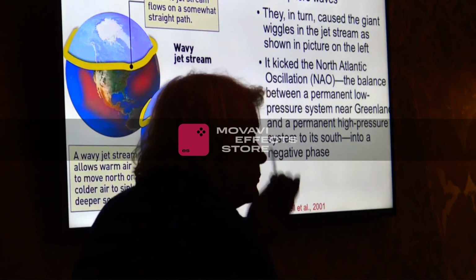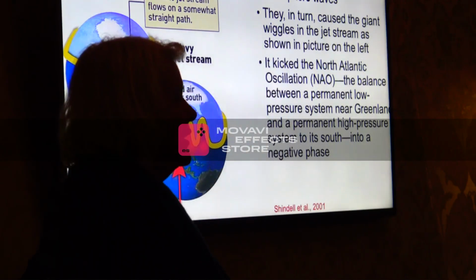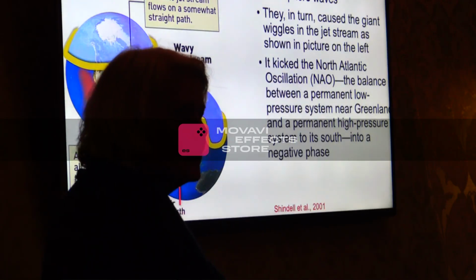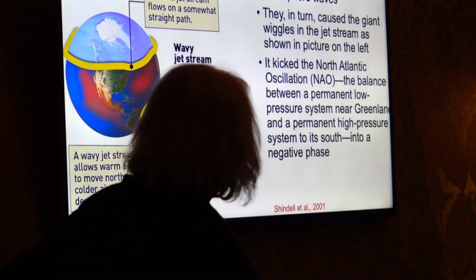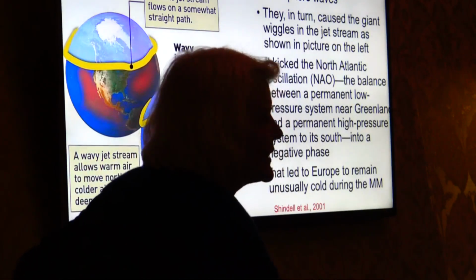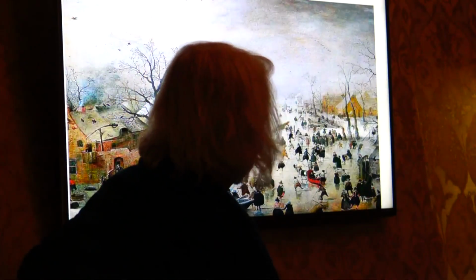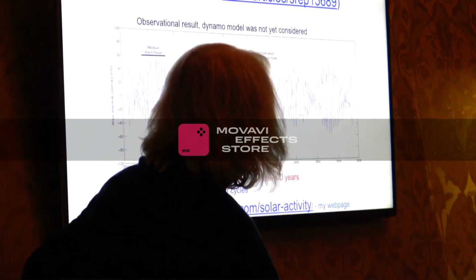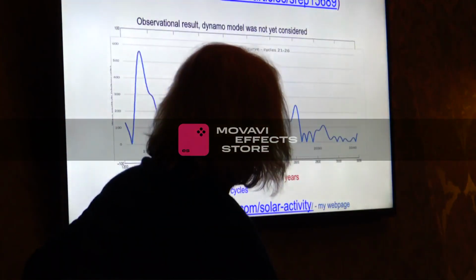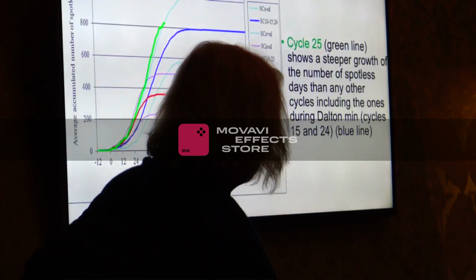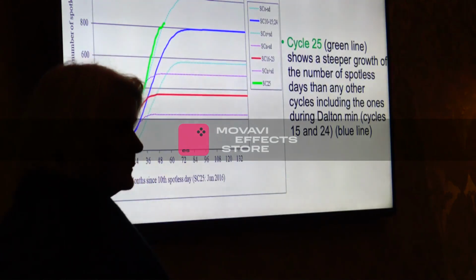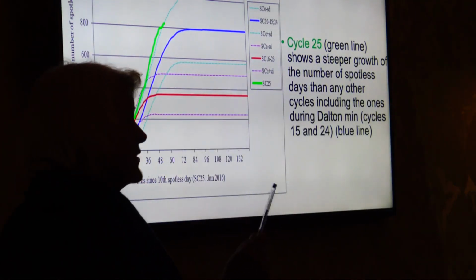In North America, remember the winter of 2022-23, when the frost in Canada was minus 40 and snow up to the hills. So this is what is coming. This is what marked the minimum in the 17th century. And this is about the minimum which is coming, cycle 26. And the scientists found the minimum coming even when cycle 25 started.